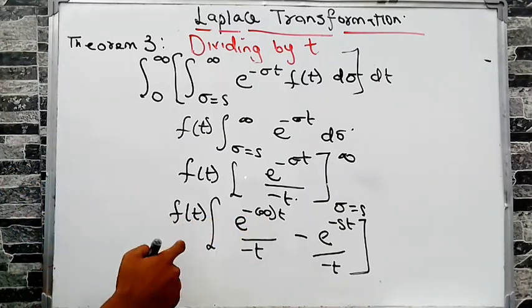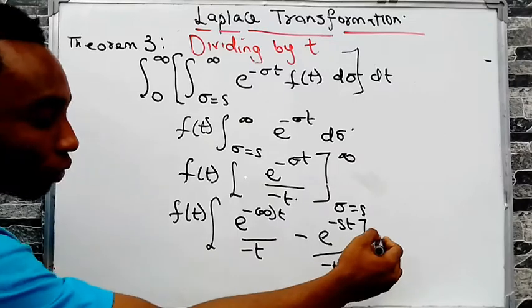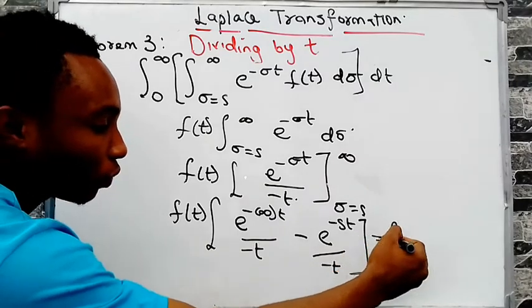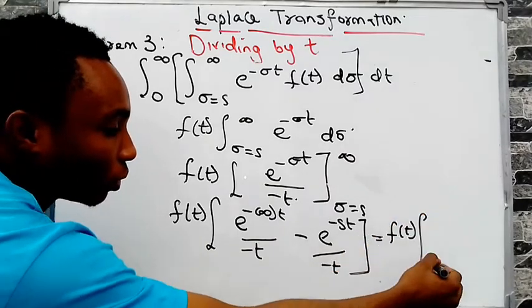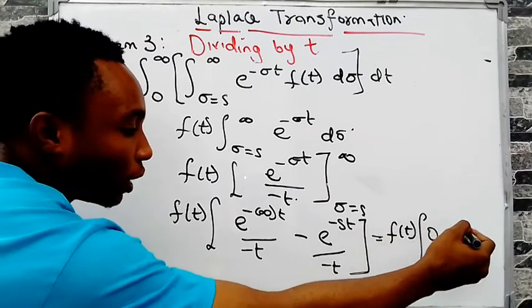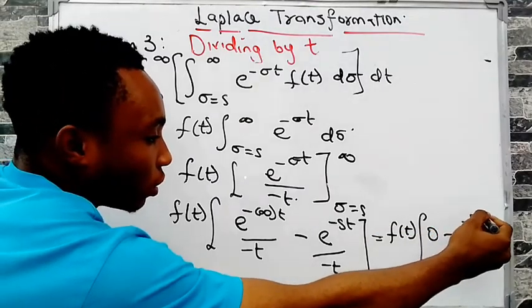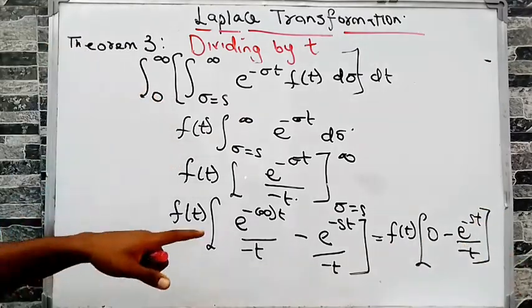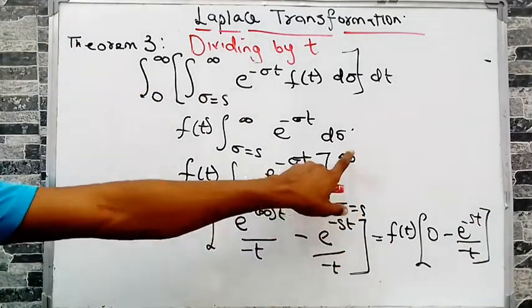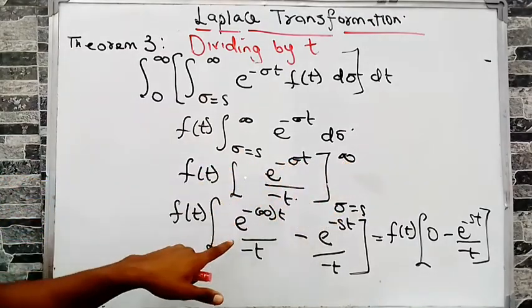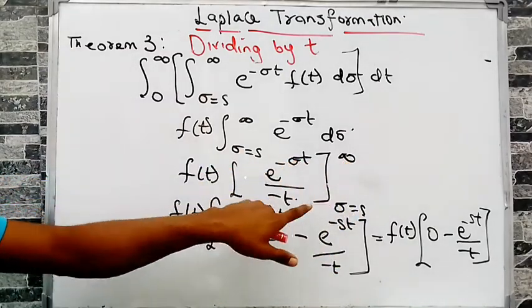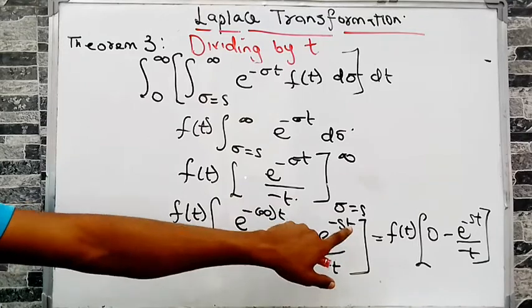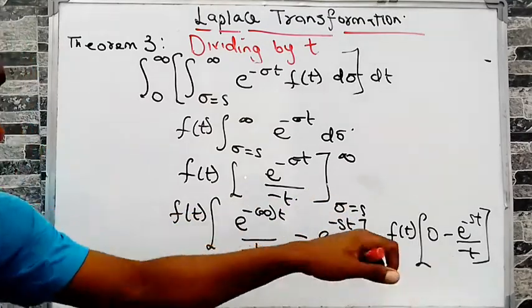So we'll have the function of t, open bracket, 0 minus exponential minus st divided by minus t. So when I apply my definite integral, putting infinity into this gives me 0, minus putting s into this. Remember, I said this variable is equal to s.